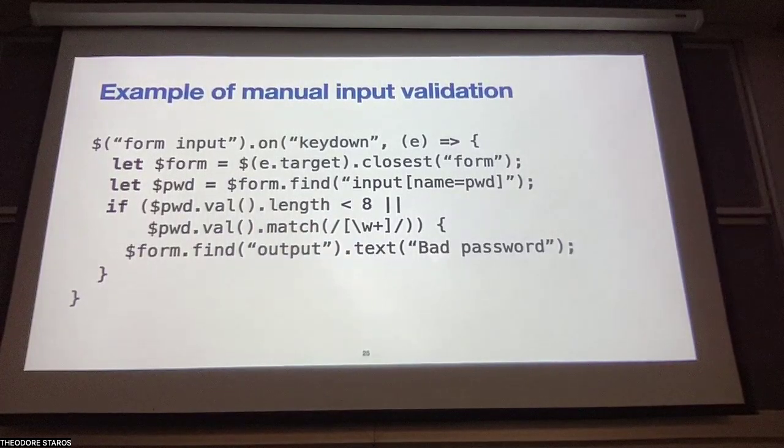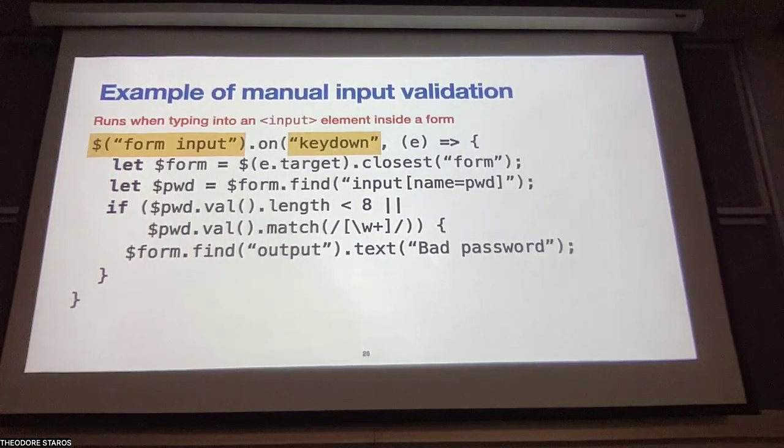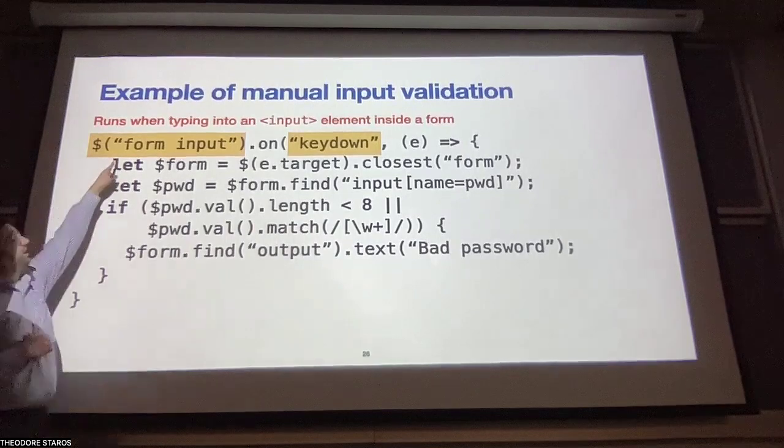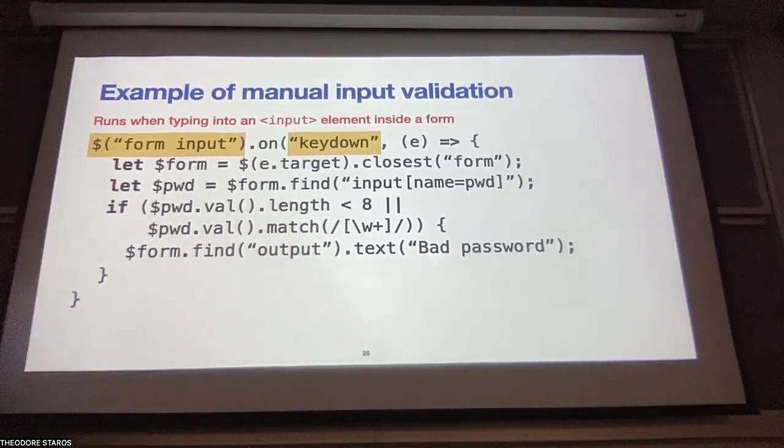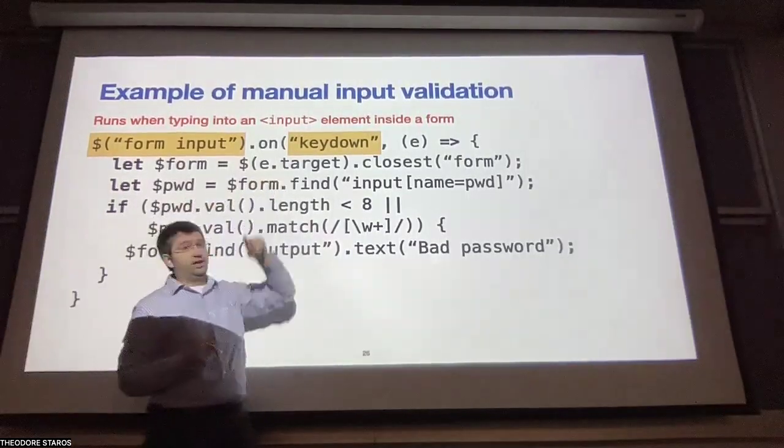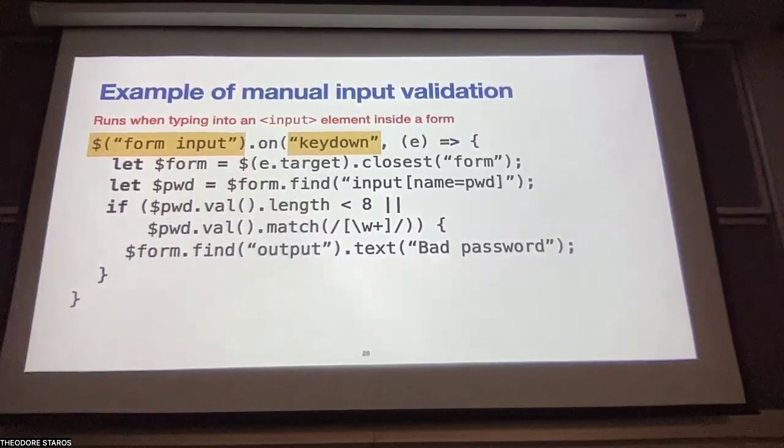So let me kind of just step through this bit of code, and then we'll play with it a little bit in the browser. So the first thing that I've got here is I've selected all of the inputs on the page that are inside of a form. And I'm asking to run an event handler on the keydown event. That's the event that runs when you type a letter.